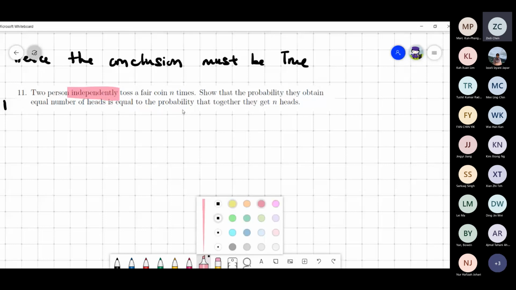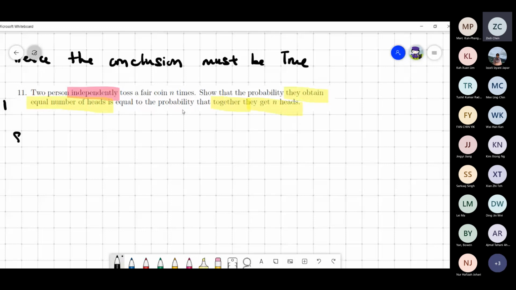So again, 2 statements. So we have 2 events. Event number 1, they obtain equal numbers of heads. And event number 2, together they get n heads. All right, so then just follow the solutions.